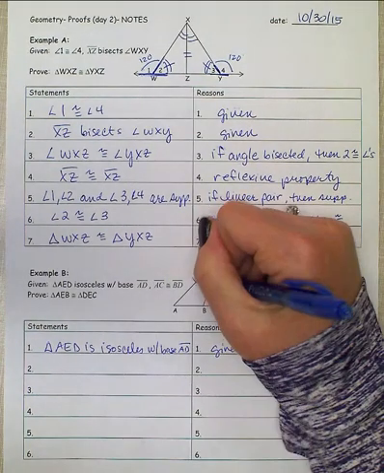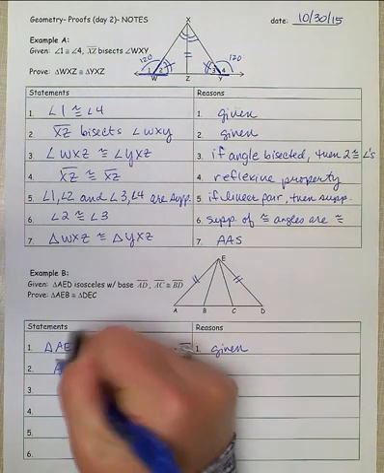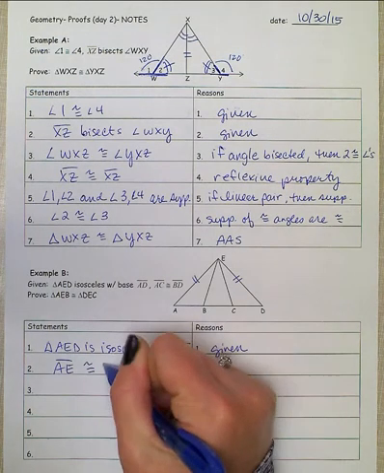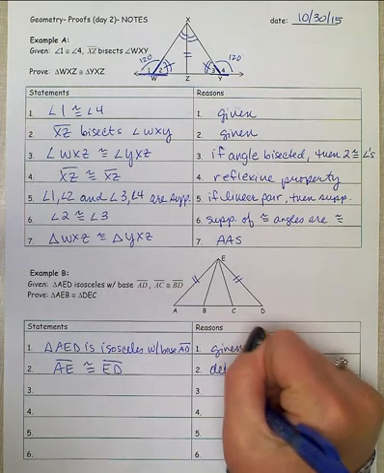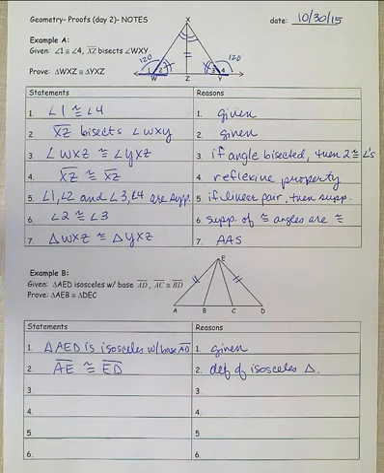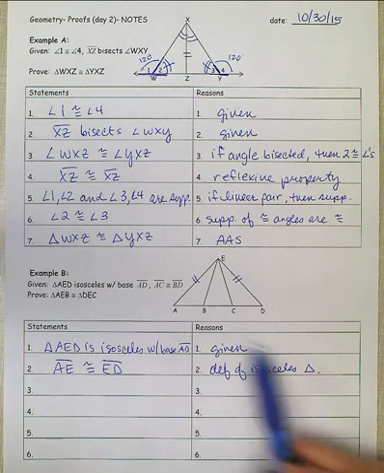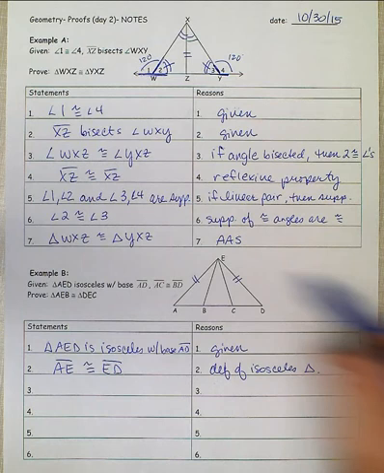Two congruent legs. So right away, I'm going to say AE is congruent to ED, by definition of isosceles triangle. Some teachers say, if isosceles triangle, then two congruent legs. Remember, the two congruent legs make up the vertex angle.